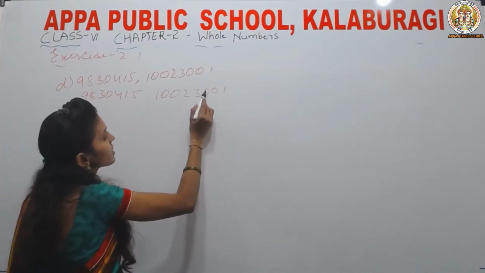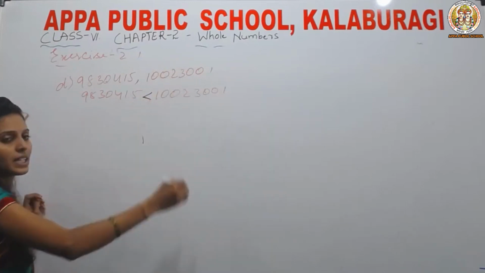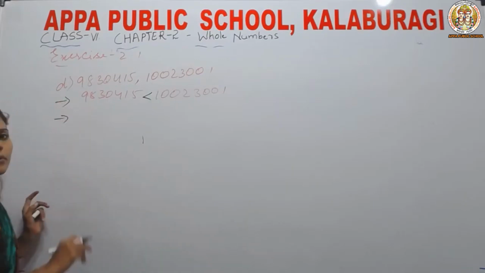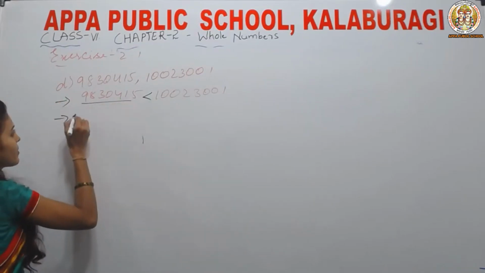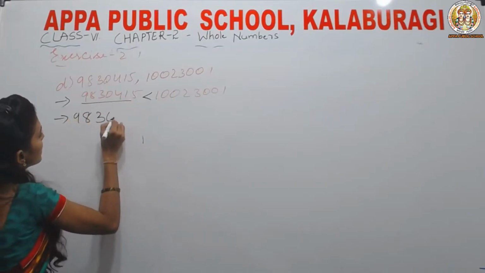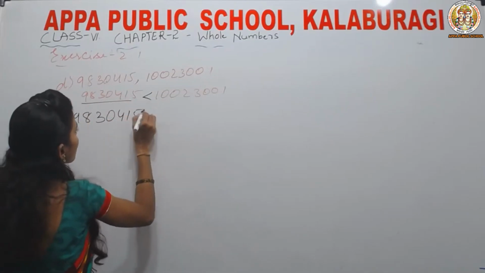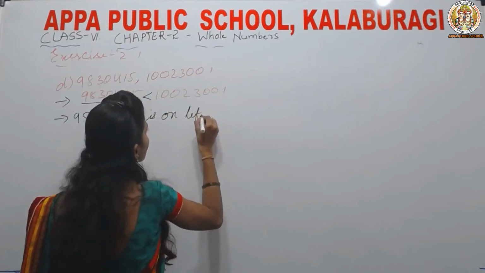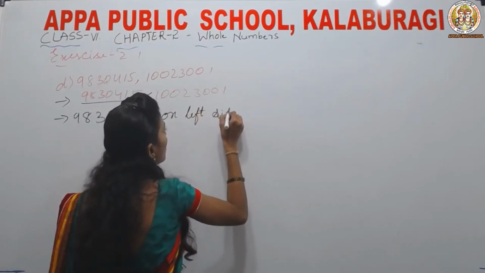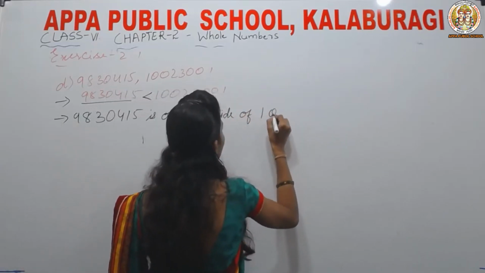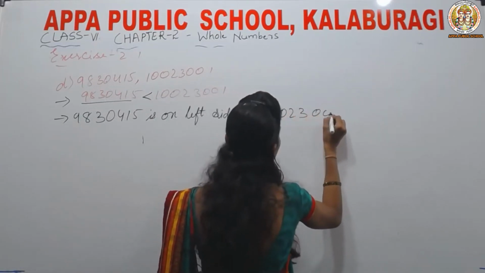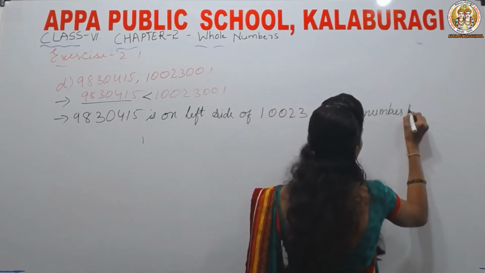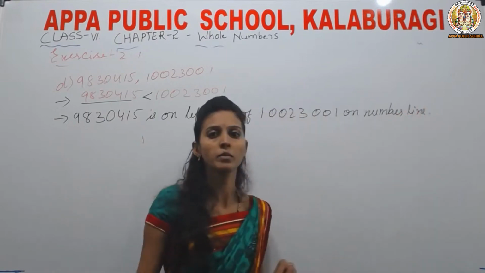And 1, 2, 3, 4, 5, 6, 7, 8. So obviously this is greater. Right? So which is on the left side? The smaller number will be on the left side. So therefore, 98,30,415 is on the left side of 1,23,001 on the number line. Over.